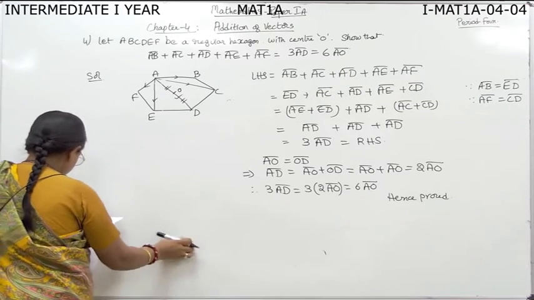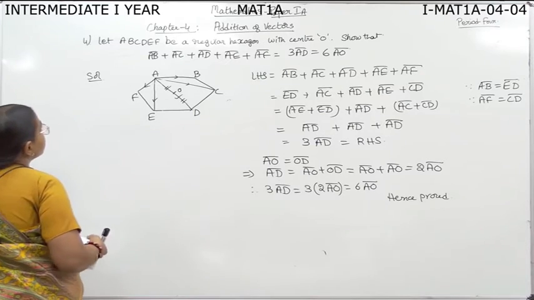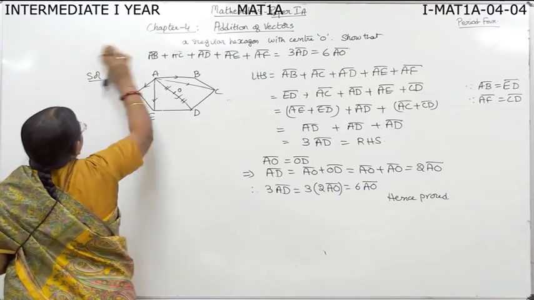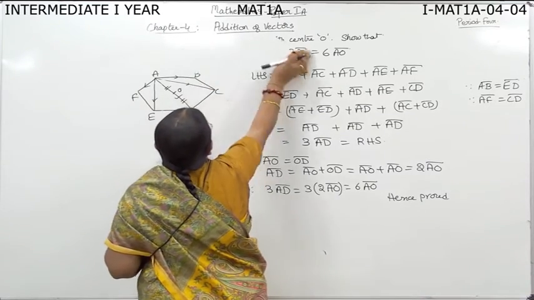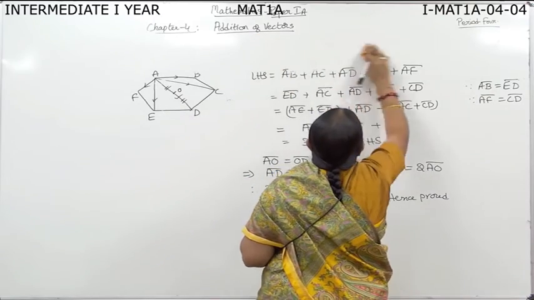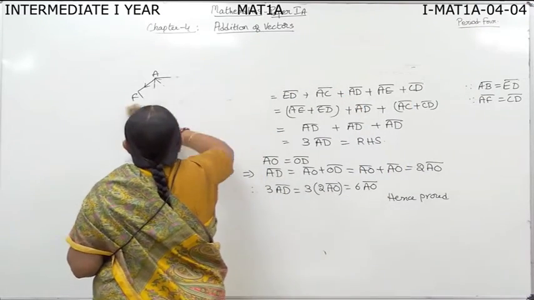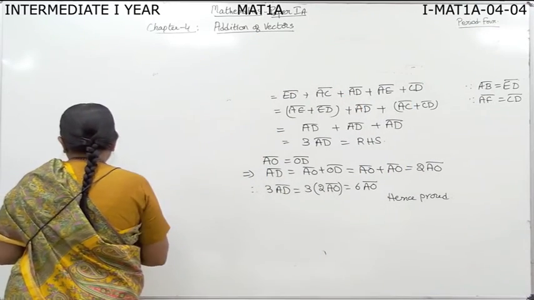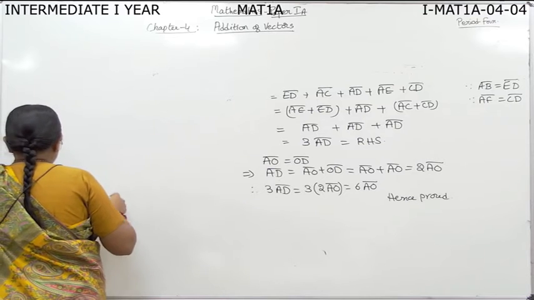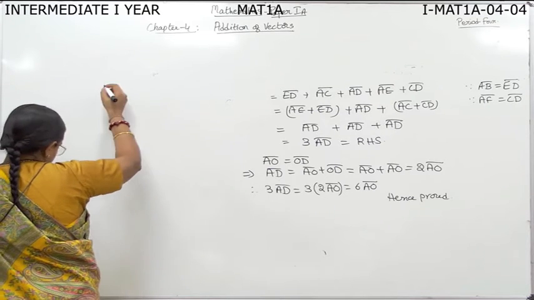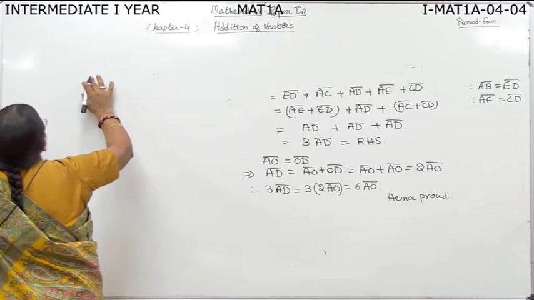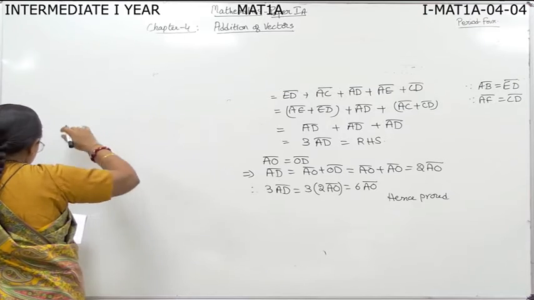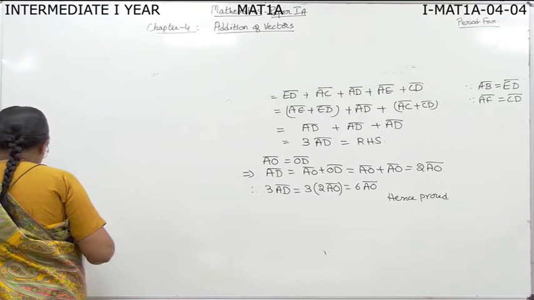Now next problem. The next problem is again very, very important. In triangle ABC, what is the problem number? 4. Sorry. 5.